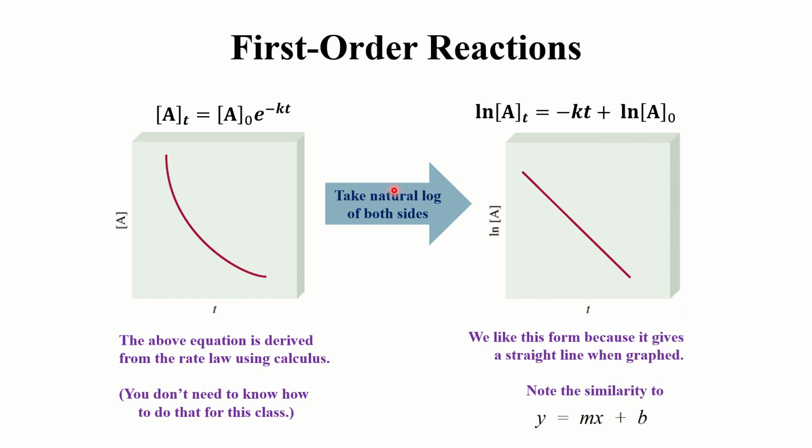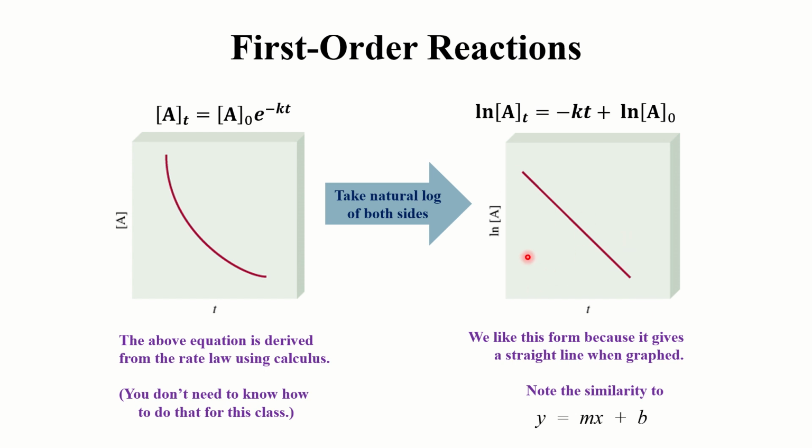The important thing to know is this version of the equation, and we especially like this form because it gives a straight line when graphed. So notice for a first order reaction, when we plot the natural log of concentration versus time, we get a nice straight line with a negative slope.